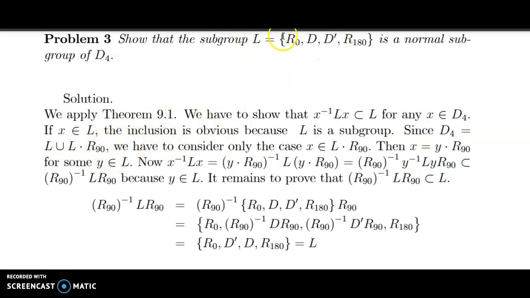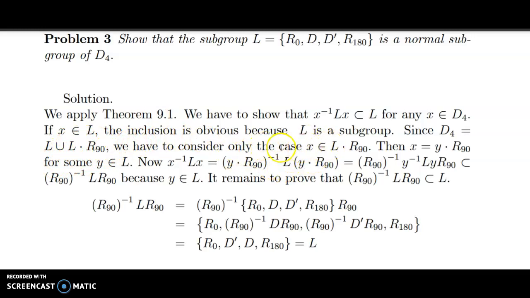If you multiply the elements of L with R90 from the right, you'll get the other 4 elements from D4. So this is the other coset. You know D4 has 8 elements. L has 4 elements, and this coset has the other 4 elements.